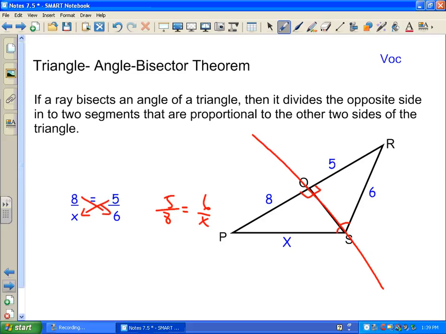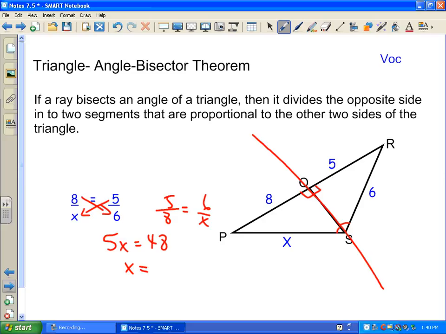So you can either take the two off of the same side of the line, or you can let the line be your division so that you can say it's 5 over 8 because they're both on the same side of the picture, yet have that division line between them. So that's going to be 5x equals 48.